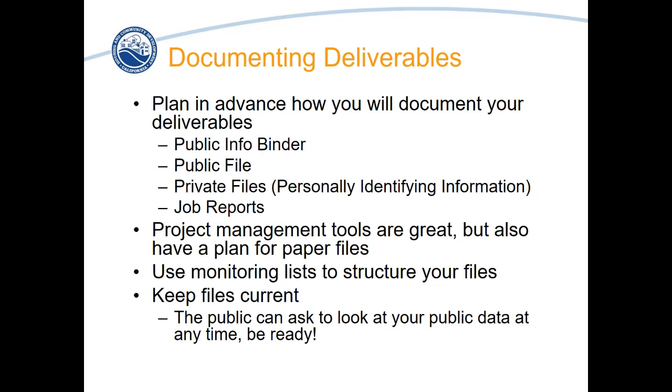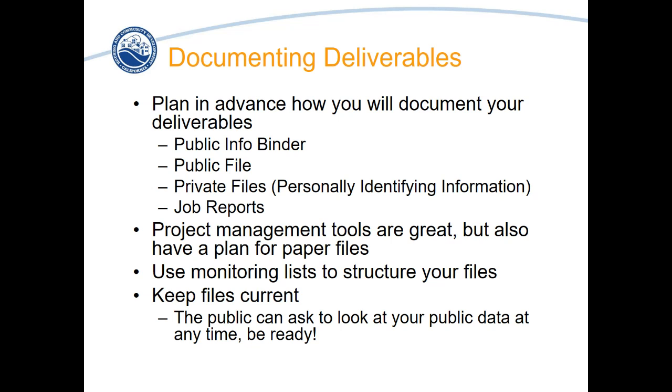So plan in advance how you're going to be documenting your deliverables and how you're going to be storing that documentation, whether you're going to be running a public info binder, whether you're going to have a public information file, what information needs to be in private files. If you're running a project that has personally identifying information, also known as PII, you want to make sure that you have a mechanism to protect that.